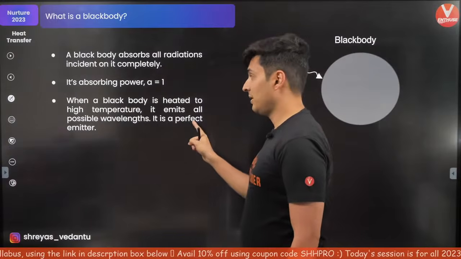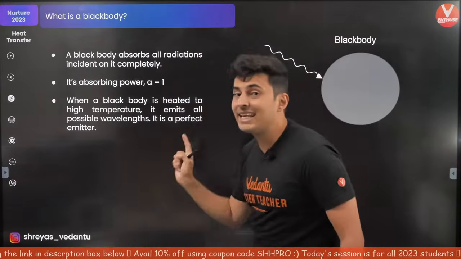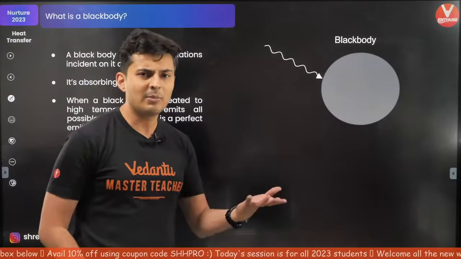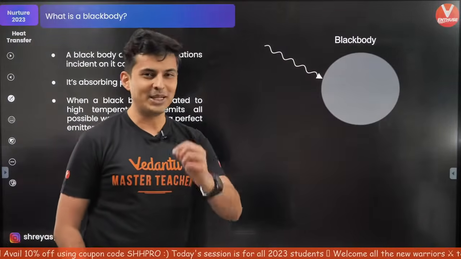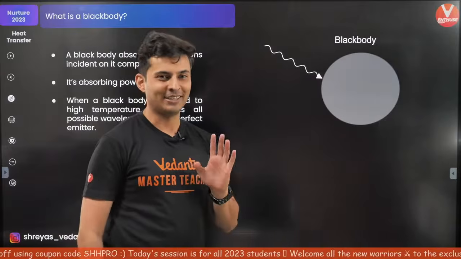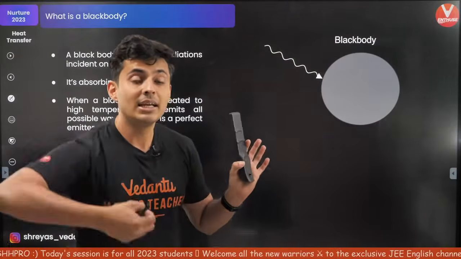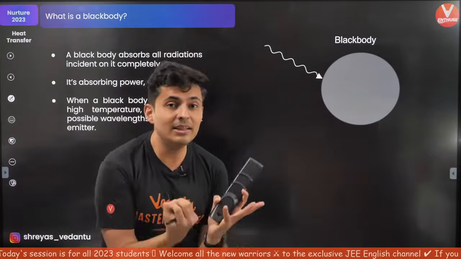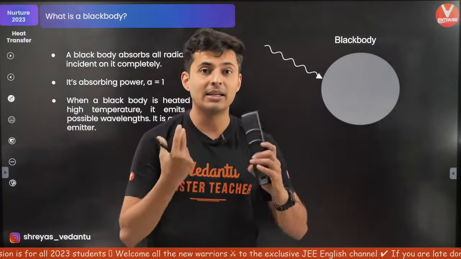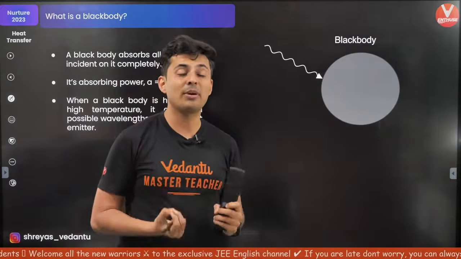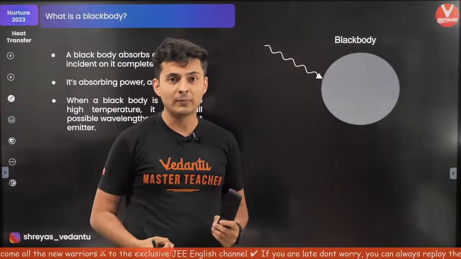But when you heat a black body, that means any temperature more than 0 Kelvin, it will emit radiation. Even this remote is emitting radiation. Emission is a phenomenon which happens from the body.